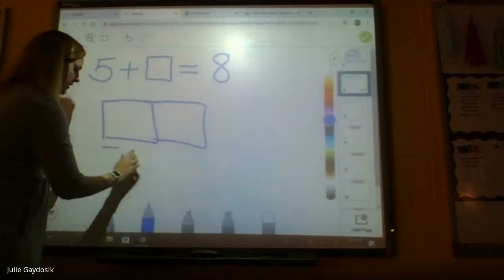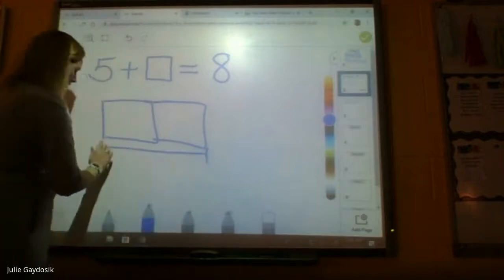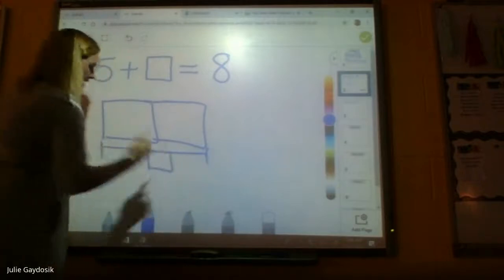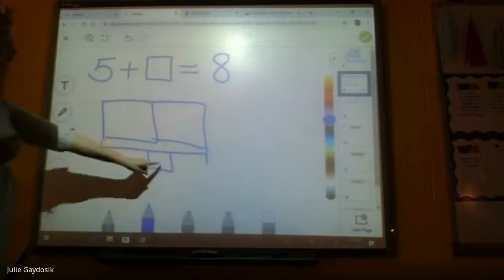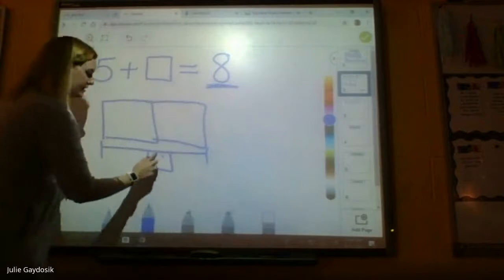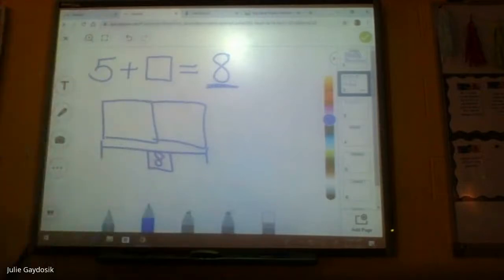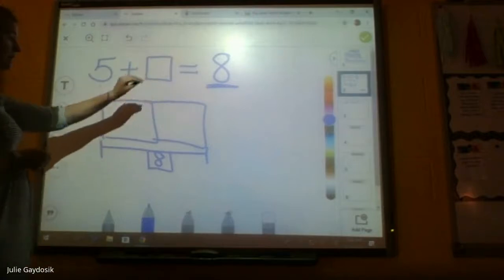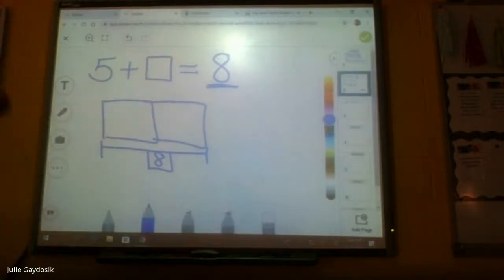The total number that we know, the sum, everything all together is 8. That's the biggest number. Well, we know a part, but we don't know the other part. We don't know the part that we're missing.